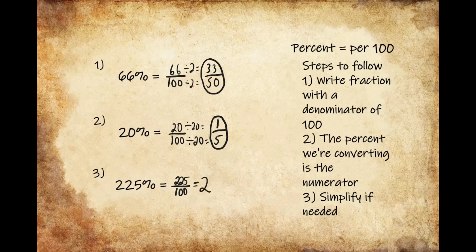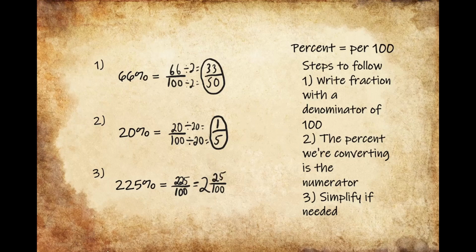So I'm going to go ahead and write a 2 here. Our denominator hasn't changed, it's still 100, but now I need to add on the remaining parts that I have left over in my numerator. And I know that 2 times 100 gives me 200, and if I subtract 200 from 225, it leaves me with 25, so the numerator is 25.